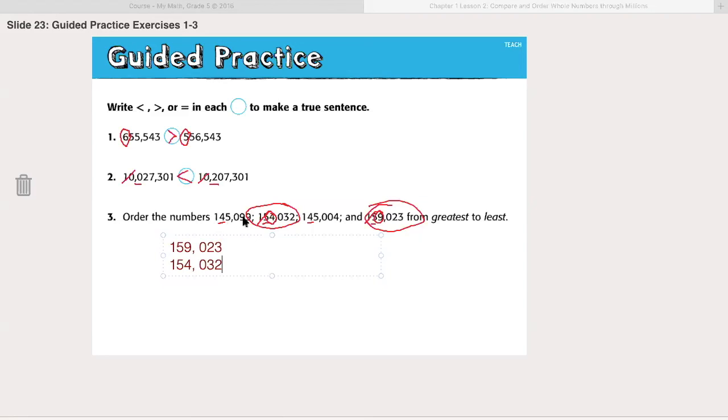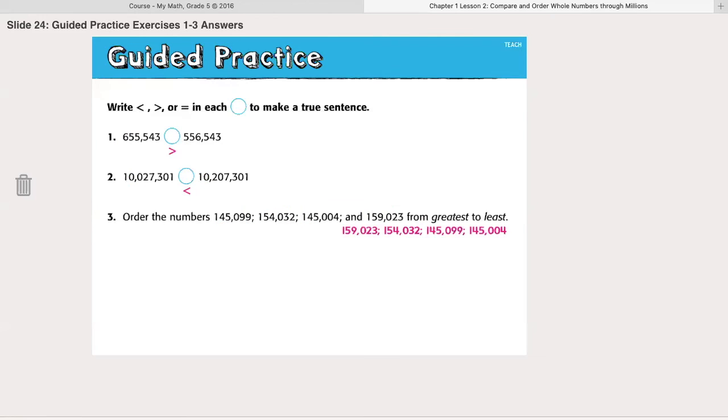But when I look beyond that, I see that 99 is larger than 4. So the next biggest number is going to be 145,099, and the least number is going to be 145,004. And you can see that the book agrees with our assessment.